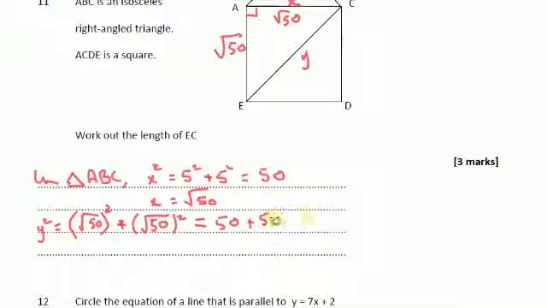So each one of those brackets comes to 50. So 50 plus 50 is 100. Y squared is 100. So y is the square root of 100, or just 10. And we're working in centimeters. So y equals, EC rather, equals 10 centimeters.